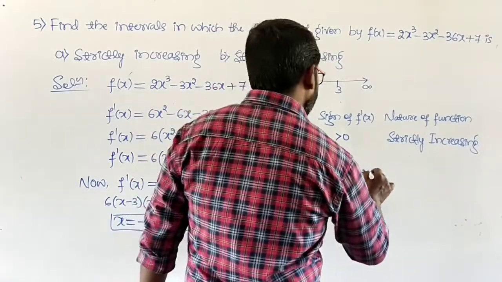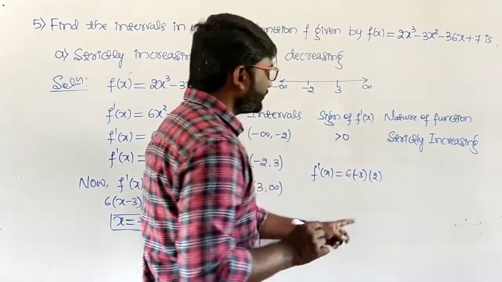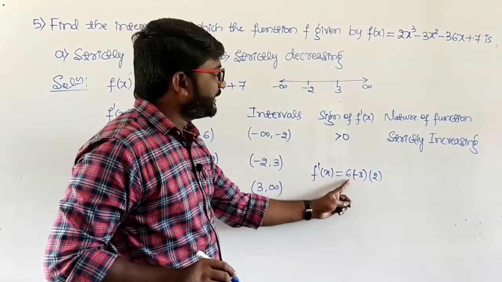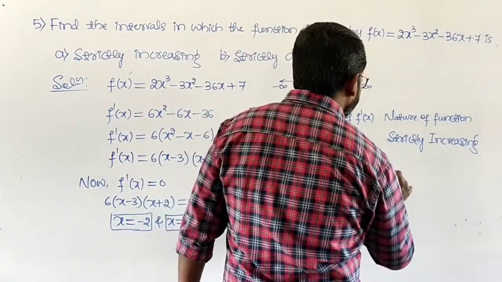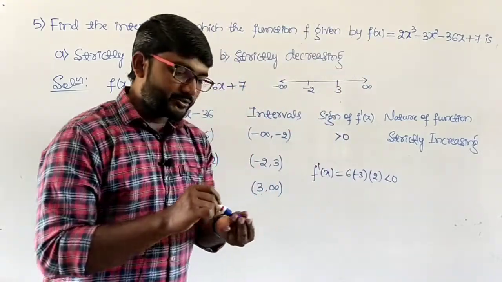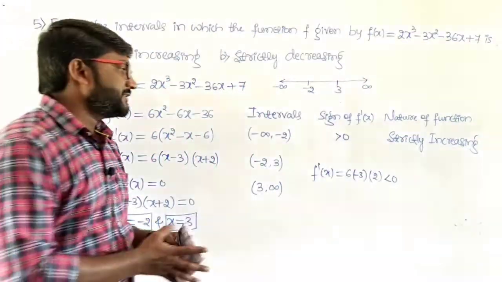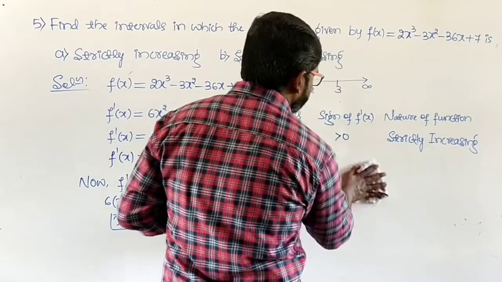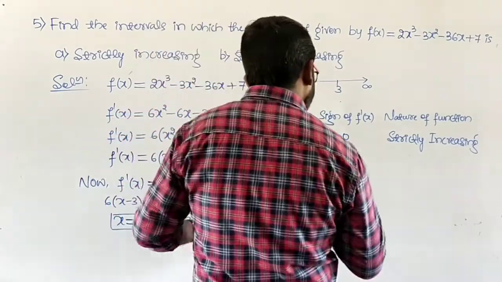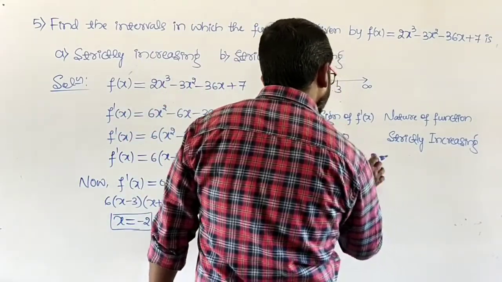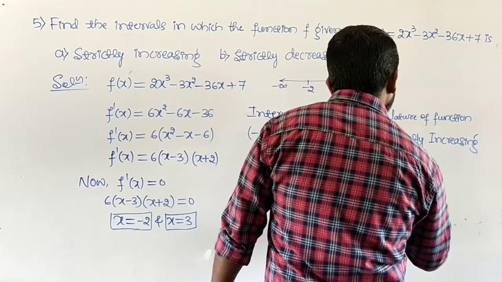Then 0 plus 2 will be 2. So here you have a minus sign. If you multiply these three numbers, it is going to be negative, that is less than 0. So in this interval, f dash of x is less than 0. If it is less than 0, then it has to be strictly decreasing.